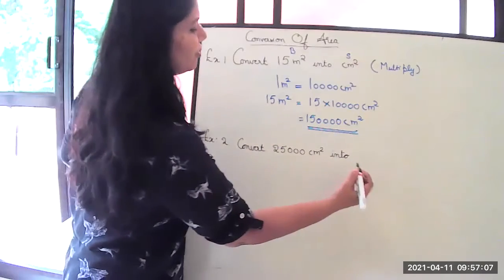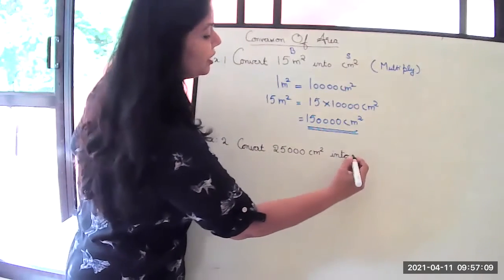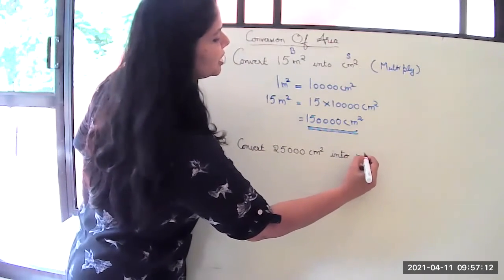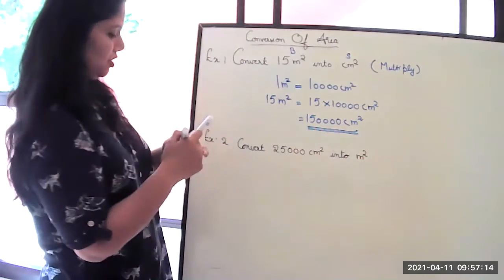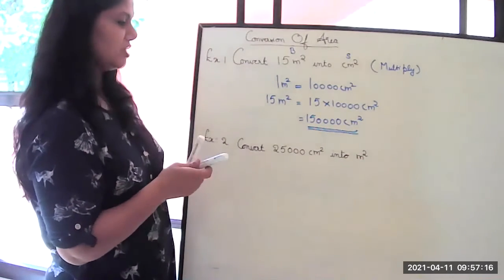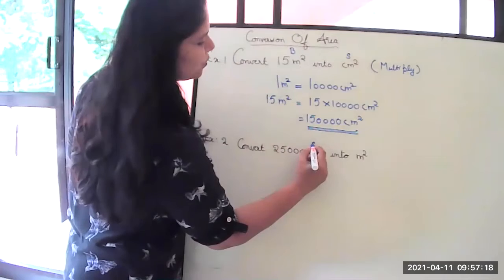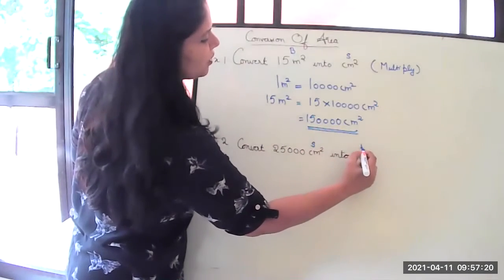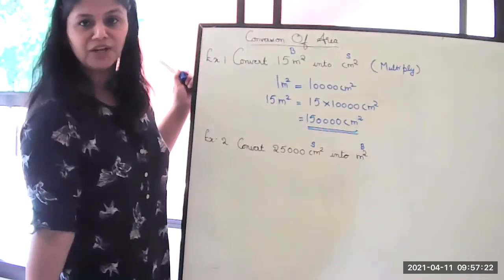Convert 25,000 centimeter square into meter square. So here centimeter square is a smaller unit and meter square is a bigger unit.